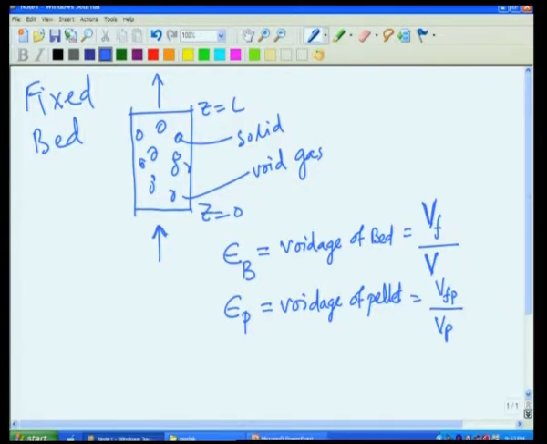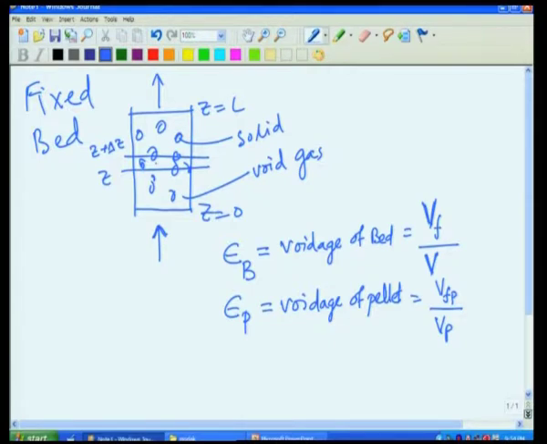Okay. So, now let us try to write down the mass and energy balances for this particular reactor, starting with, let us say, a small cross section between Z and Z plus delta Z of this bed, and let us look at what is happening in this small cross section.